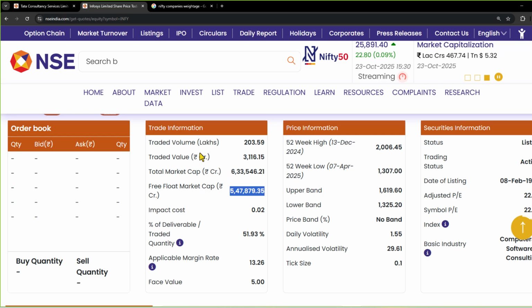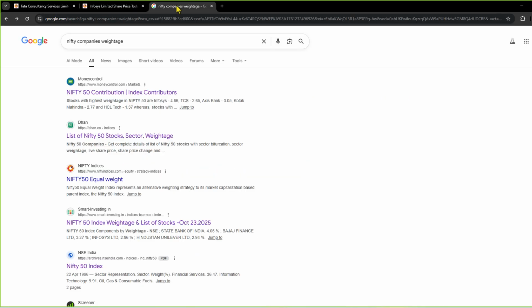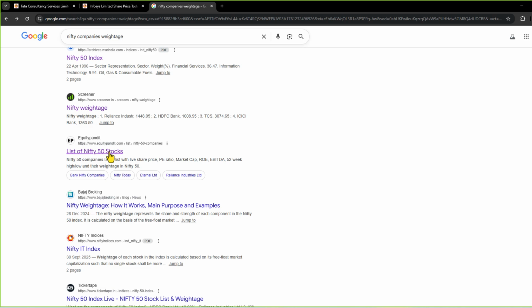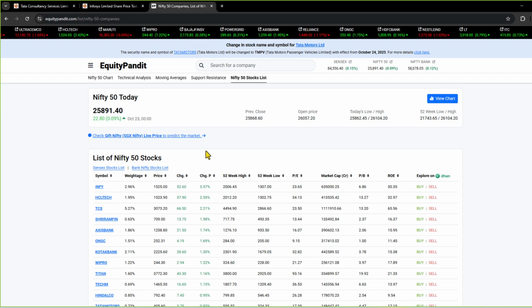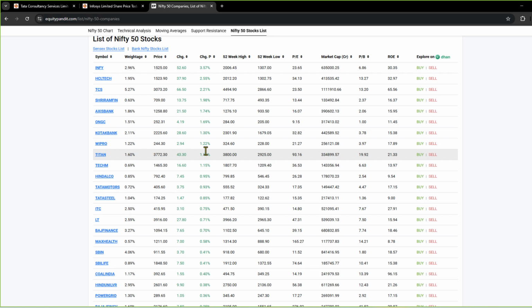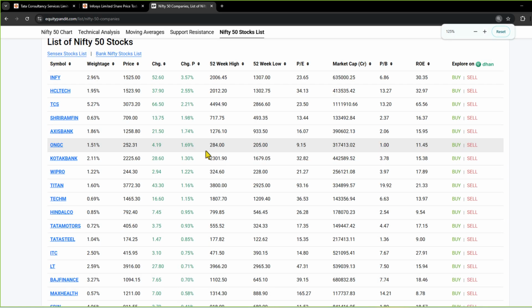Alright. Now, in Google, if you search for Nifty companies weightage, you will get a lot of results. I will scroll down and I will click on this website by Equity Pandit. And when I click, I get results like this. Let me zoom in.